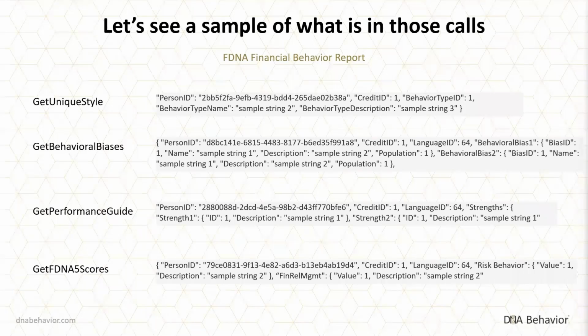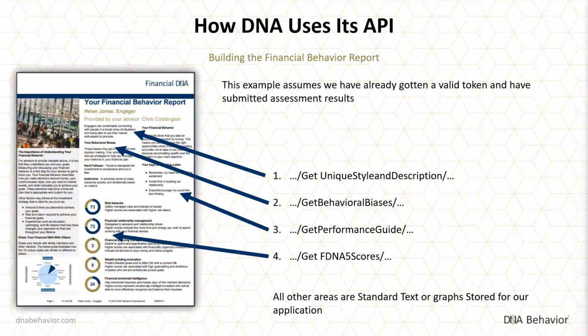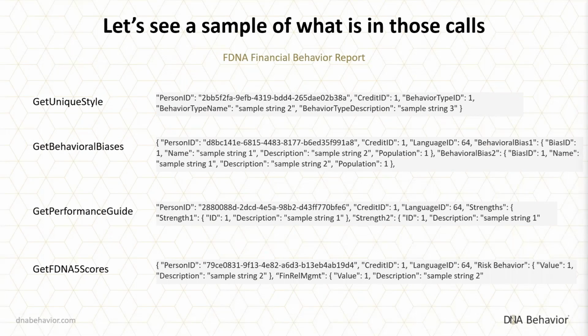So where I have those 5 scores, all I'm getting back is a value and a description, a value and a description, a value and a description. What we did is we chose to put those values into this graphic, put the number right in the middle of the graphic and create a graphic around it. That's not included in the API. You're not getting the user experience. You're just getting the data that we use to create that user experience.